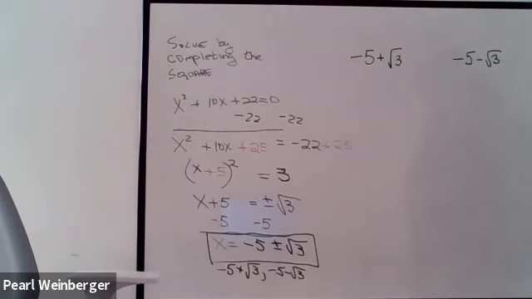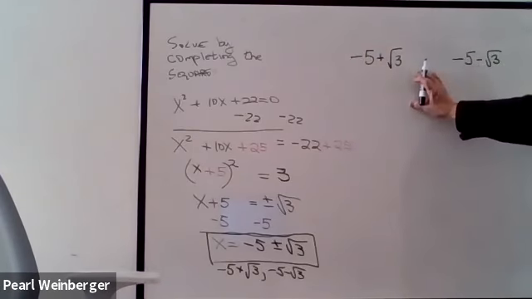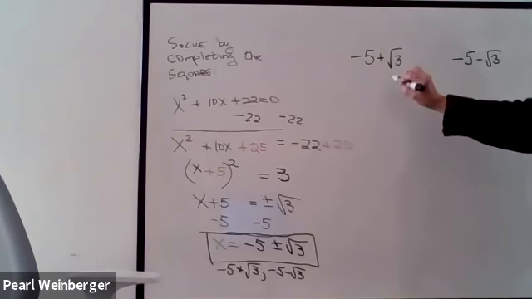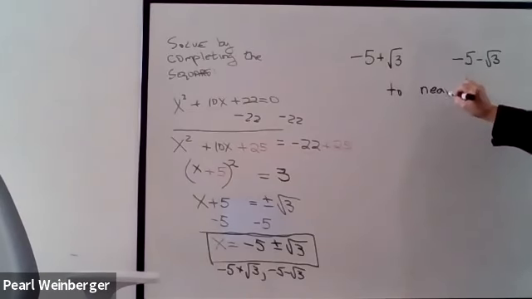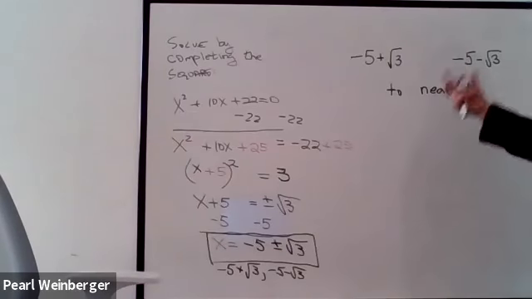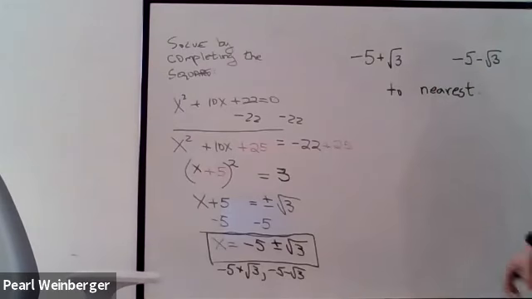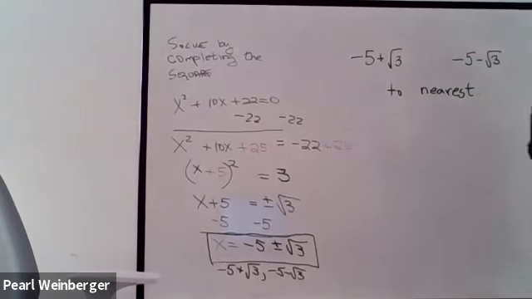Now, occasionally, not too often, but more likely when you might have to do this for a science class, they wouldn't want the answer just in radical form. They might ask you to find your solution to the nearest, let's say, 10th. What if they wanted this to be written in decimal form rather than just in radical form?